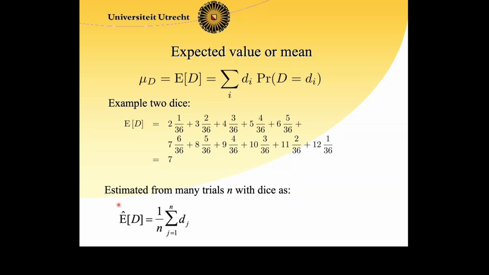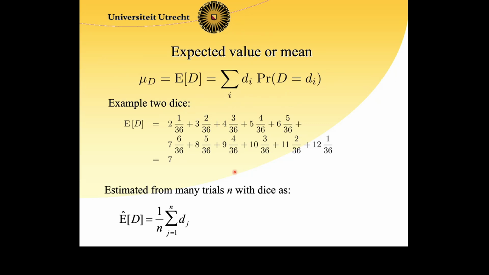Empirically, we could estimate it by doing a large number n of trials, maybe 10,000 throws of two dice, and computing the mean of the outcomes. We end up with a value very close to 7. Theoretically, if n goes to infinity, it would have to be exactly 7. So that's the expected value of the mean.